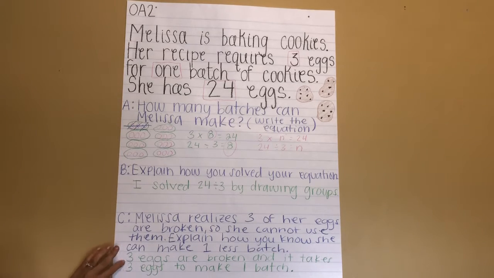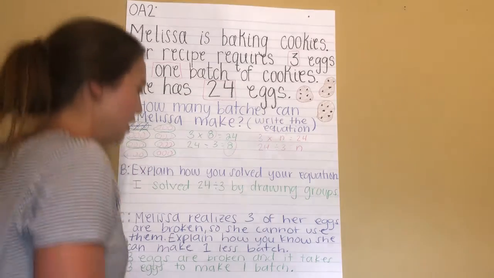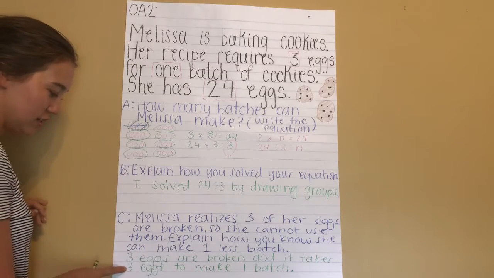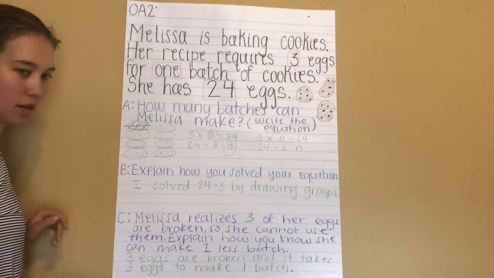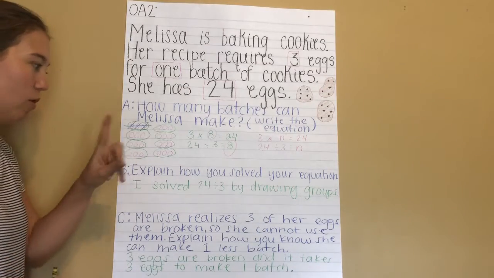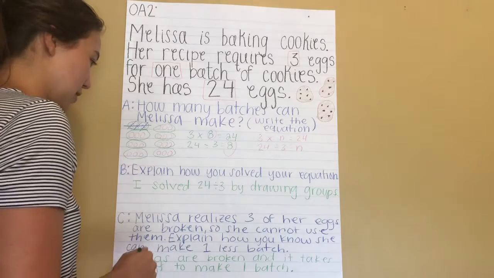So I know that 3 of the eggs are broken, and I know that each batch takes 3 eggs. So this is going to mean that there's 1 less batch she can make.